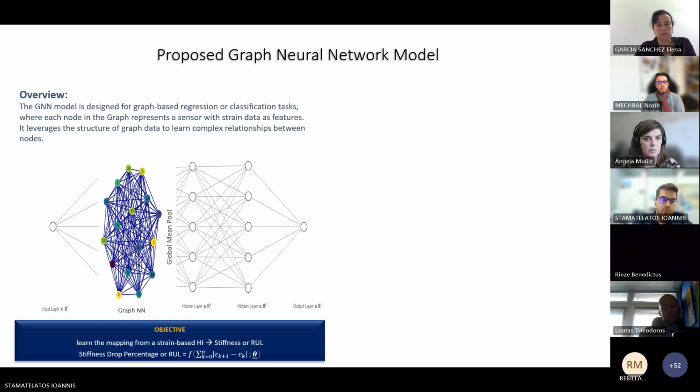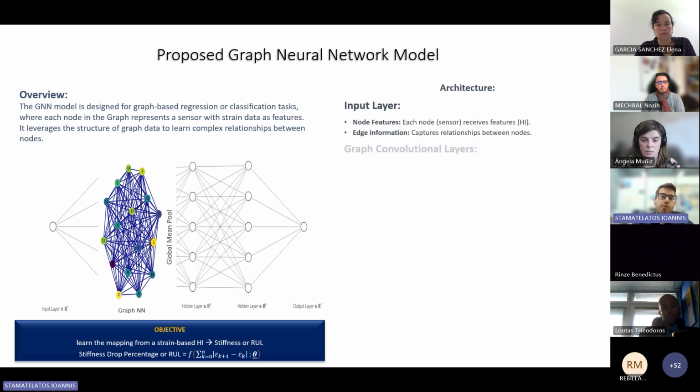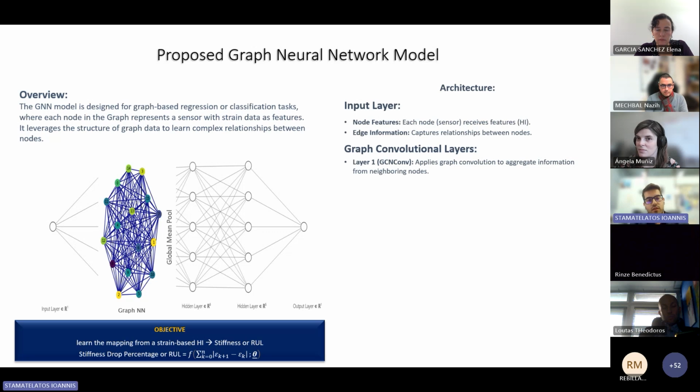And we fed this network with pairs of strain, the health indicator values that I explained before, and stiffness or remaining useful life values.